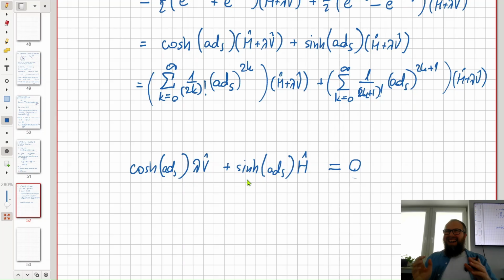So let's invert this superoperator, the hyperbolic sine of adjoint S, and let's act with it on both sides of this equation. What's the logic here? It basically means that if the argument of the hyperbolic sine, or any trigonometric function, is small enough, there is no problem of ambiguity.